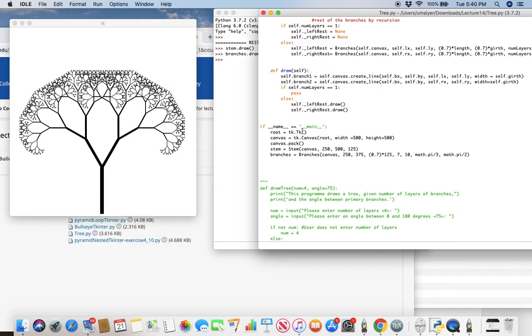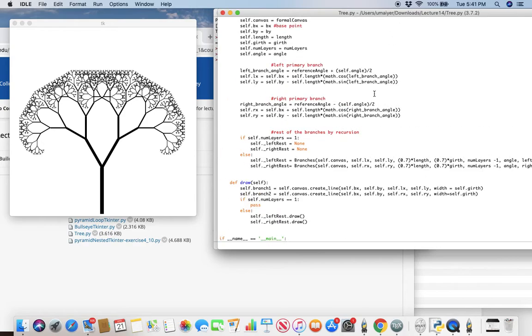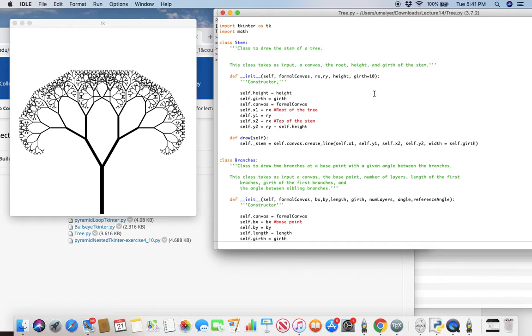We started with the root. We built a canvas, packed the canvas, stem. In that particular canvas, at 250, 500, 125. Aha, what are these things? Let's figure out the stem. The stem: Rx, Ry, height, girth.